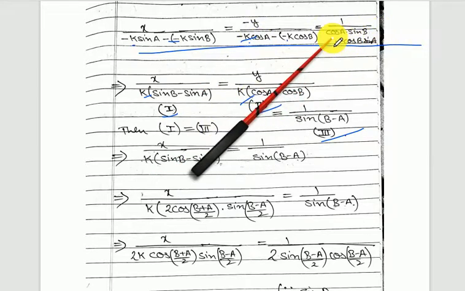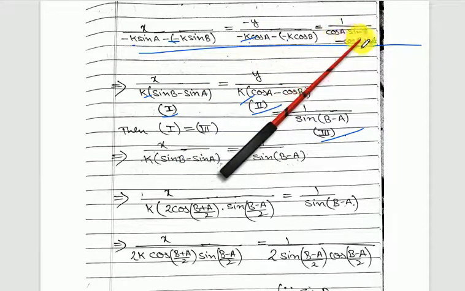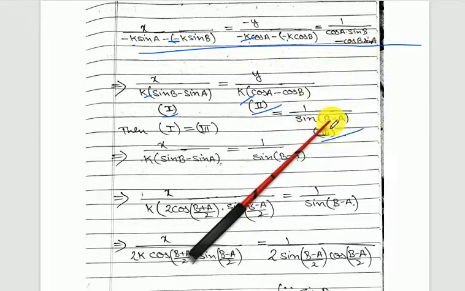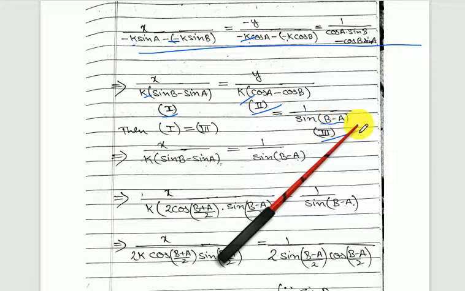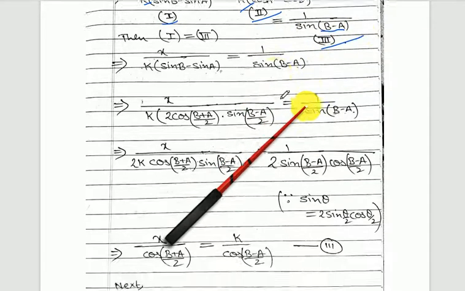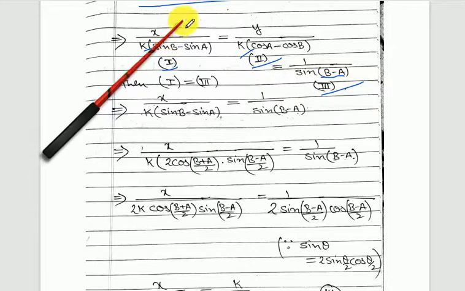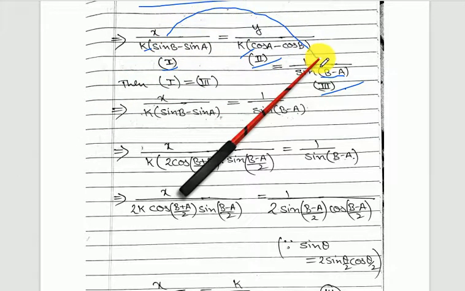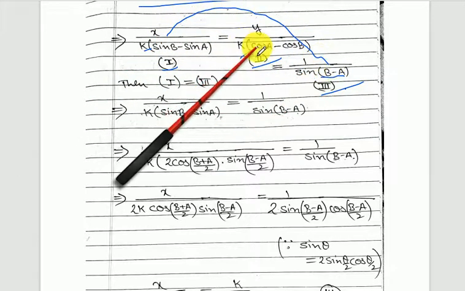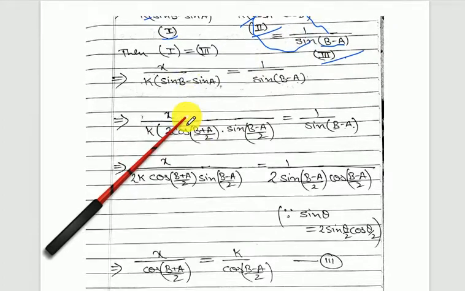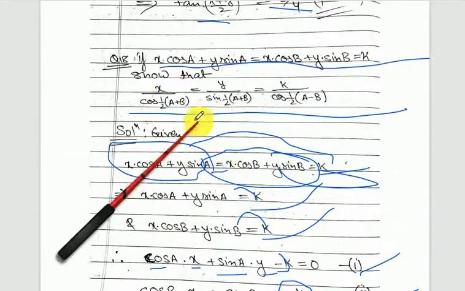And here you can see that this is cos a sin b minus cos b sin a, so this is nothing but sin(b minus a). Now I will put first one equal to third one, and then second one equal to third one, and that way we will be able to show this.